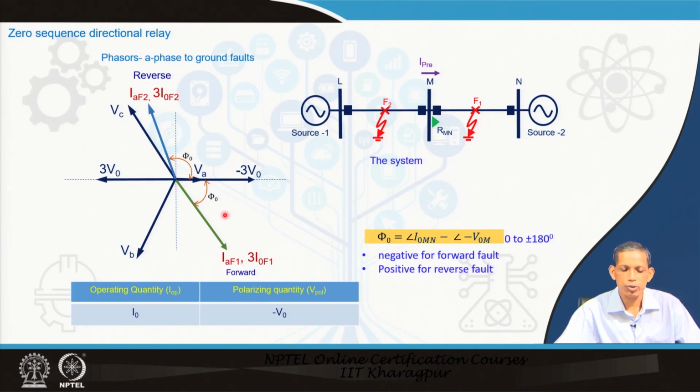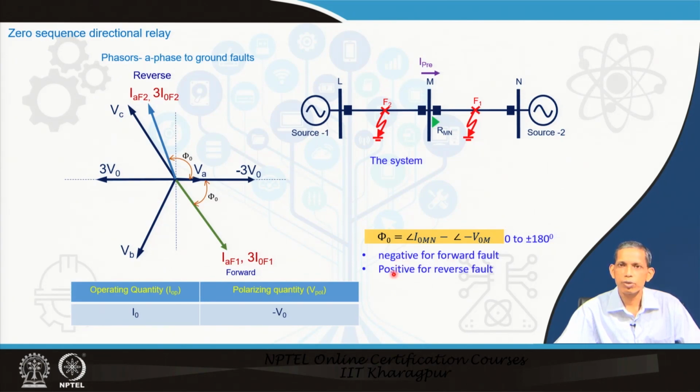So, that leads to the situation that we can conclude using the zero sequence component, defining like this: angle of I 0 seen by the relay minus angle of minus V 0 seen by the relay at the relay bus, then if the corresponding angle comes out to be negative, it refers to a forward fault.